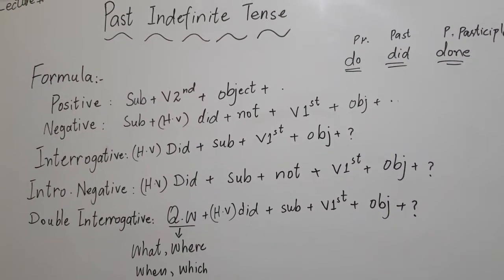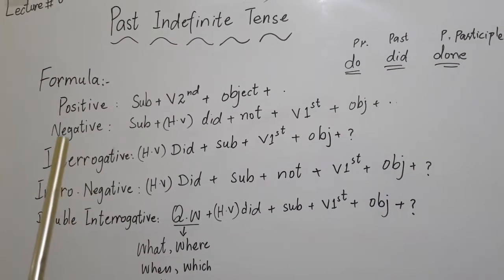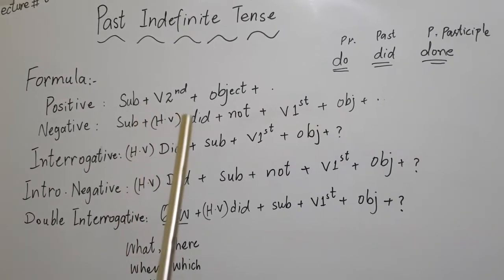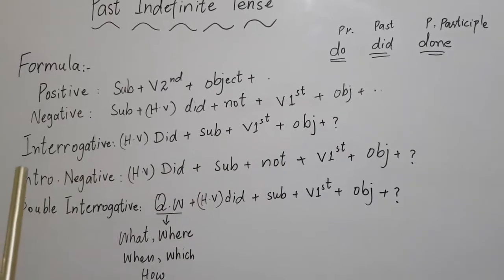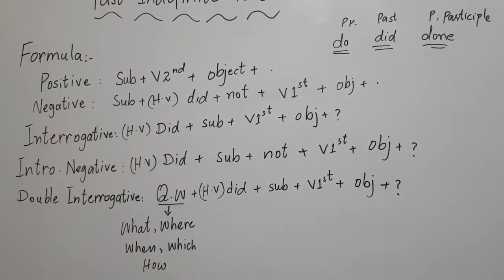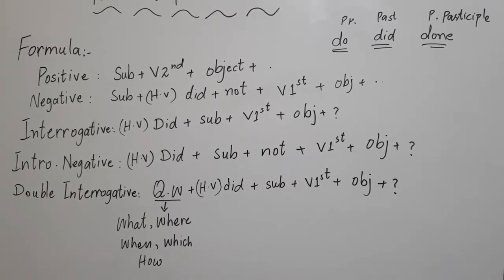Formula for past indefinite tense. Okay, for positive and affirmative sentences we use subject plus second form of the verb, object and full stop. In negative sentences, subject, helping verb did plus not plus first form of the verb plus object.